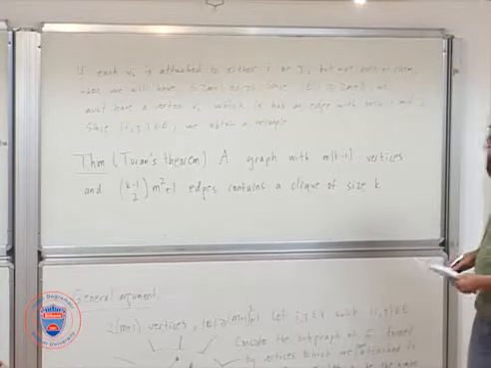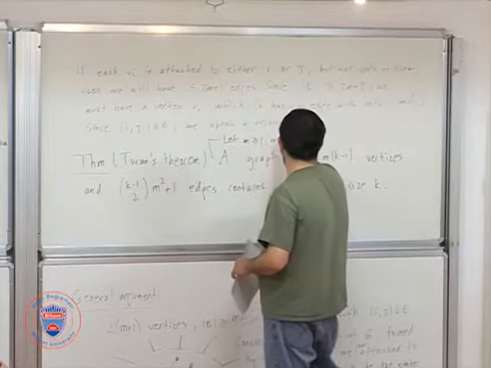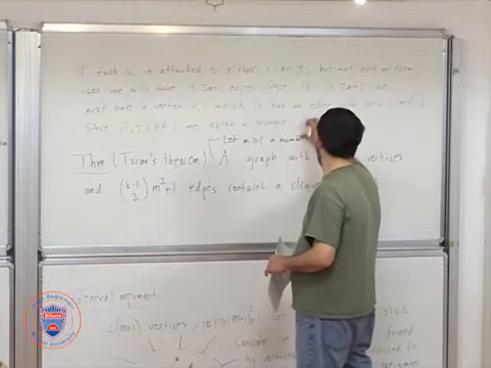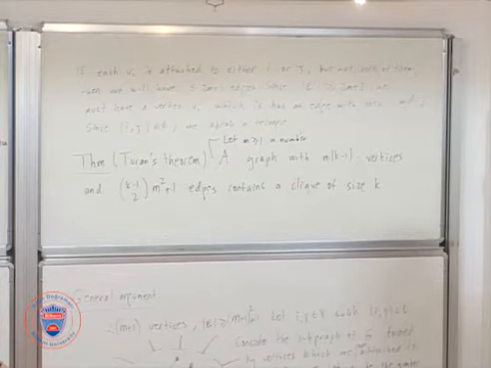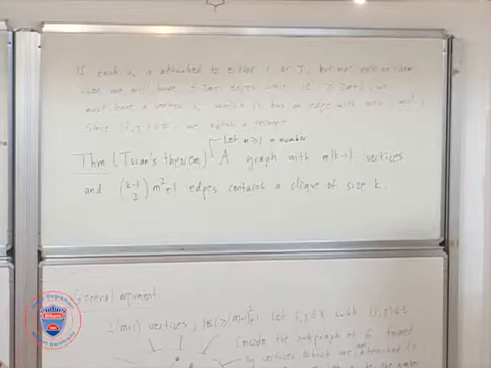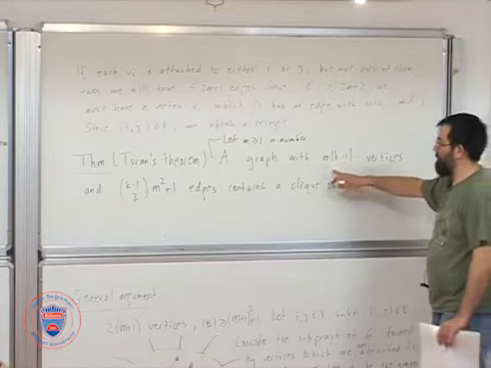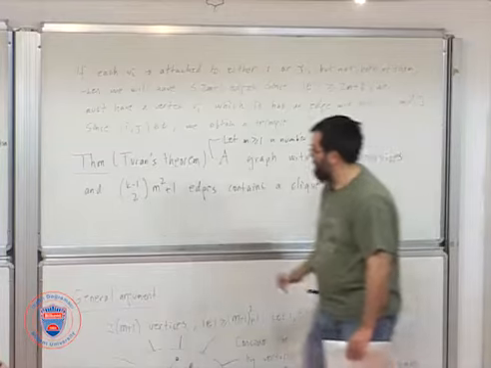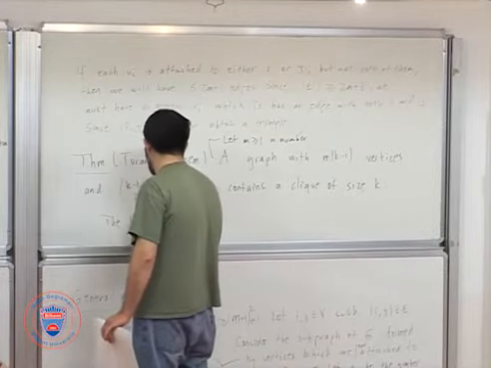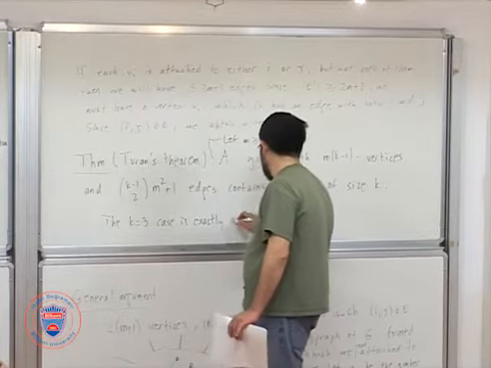This is true for any m, okay? So let m be a number. For k equals 3, this is 2m vertices and m squared plus 1 edges, exactly that statement. So the k equals 3 case is exactly what we just proved.